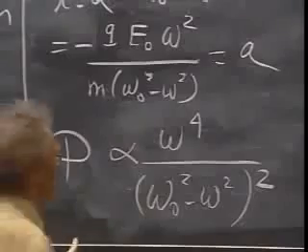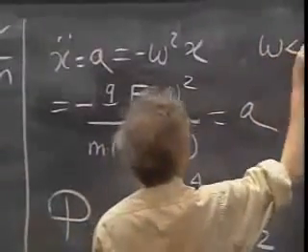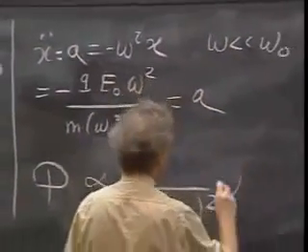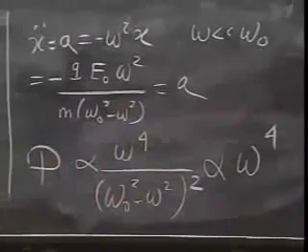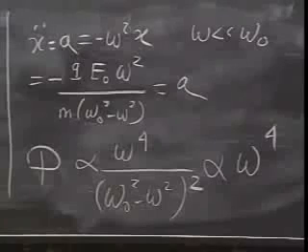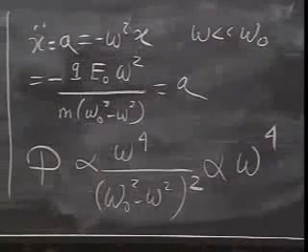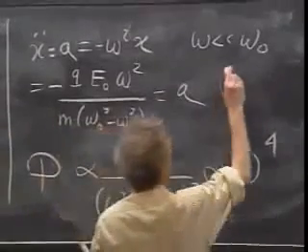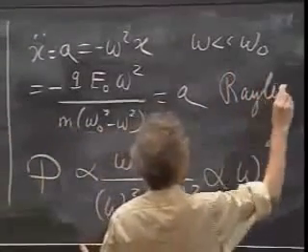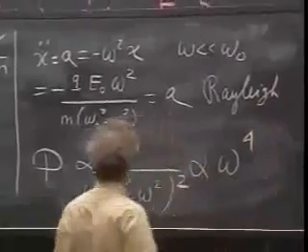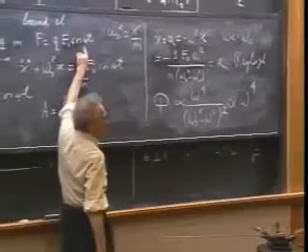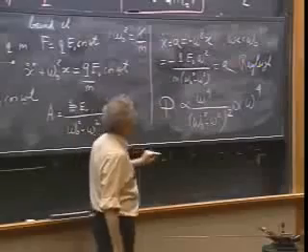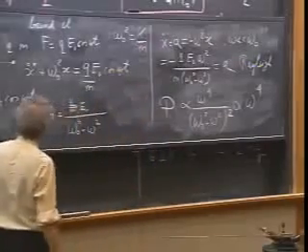And now, if omega is way below resonance, this is proportional to omega to the fourth. That's a very famous result, which is known in the literature as Rayleigh scattering. The reason we call it scattering is that the radiation that comes in has this frequency, but the radiation that comes out has exactly the same frequency.